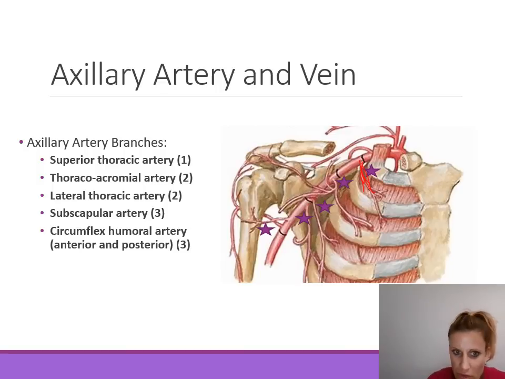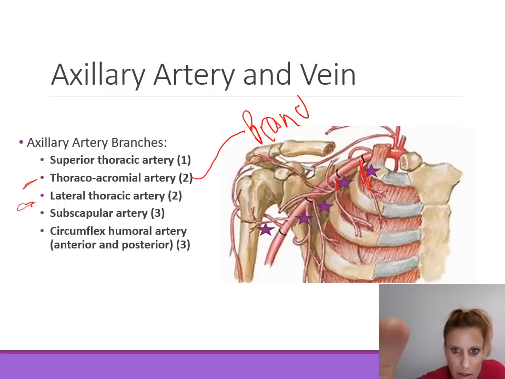The next 2, the thoracoacromial and lateral thoracic, are both coming from the second region. The thoracoacromial artery comes off of the axillary, and then it branches many times almost immediately. So it's a pretty short segment.